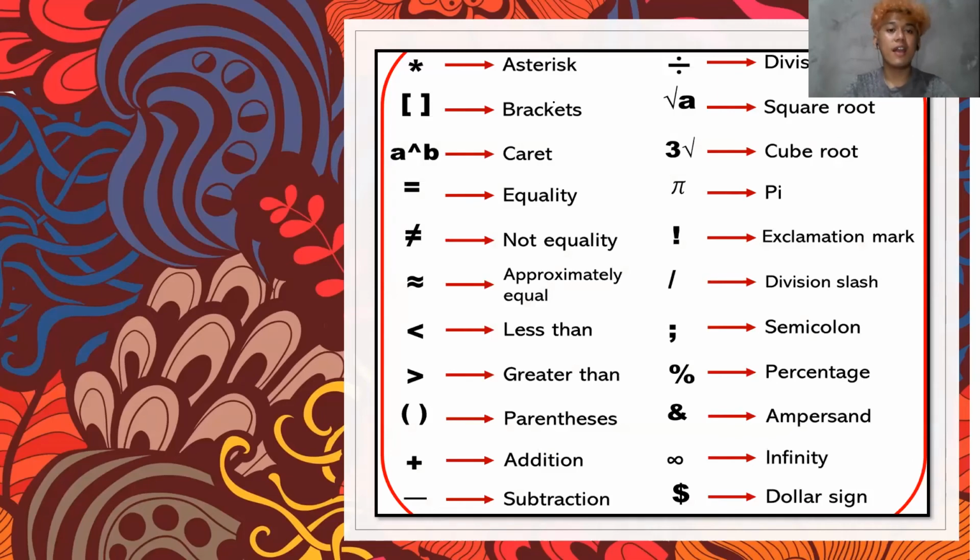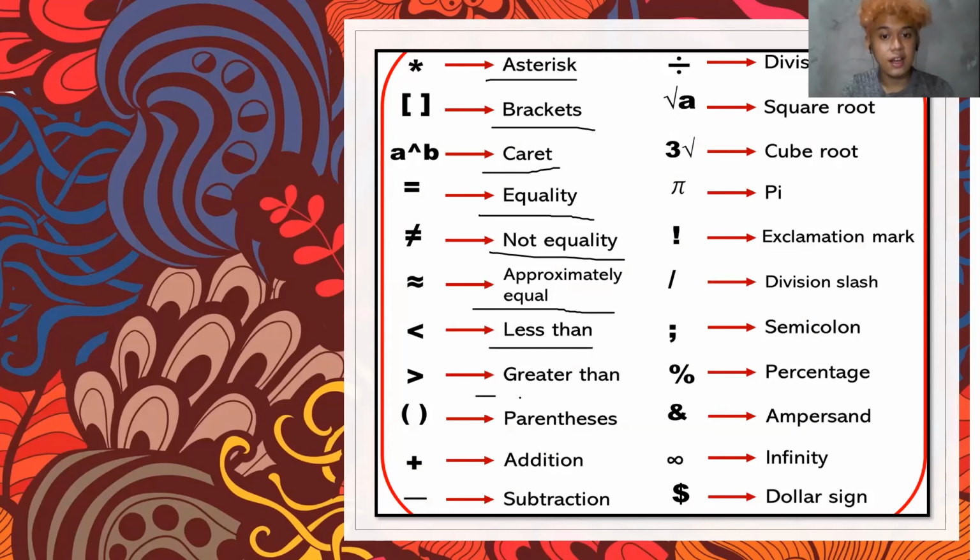So these are the other symbols we use in mathematics. We have the asterisk, the bracket, the caret, the equality, which is equal, the inequality or not equal, approximately equal, the less than, the greater than symbol, the parentheses, the open and closed parentheses, the addition sign, the subtraction sign, the division sign.